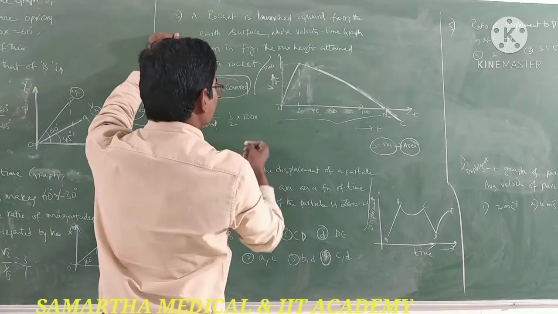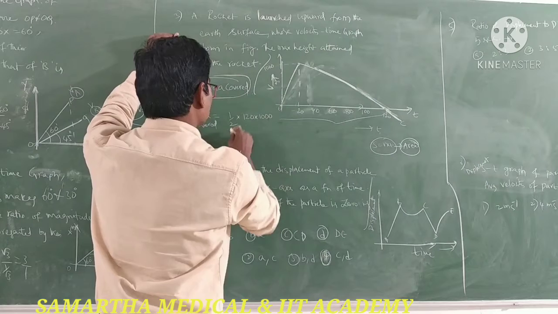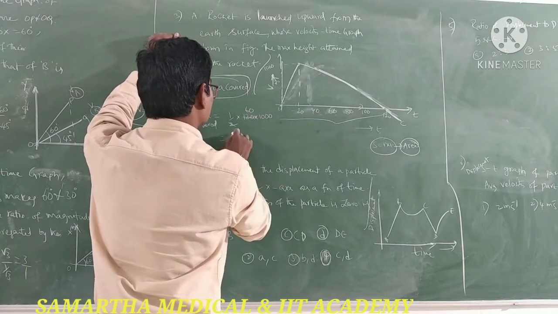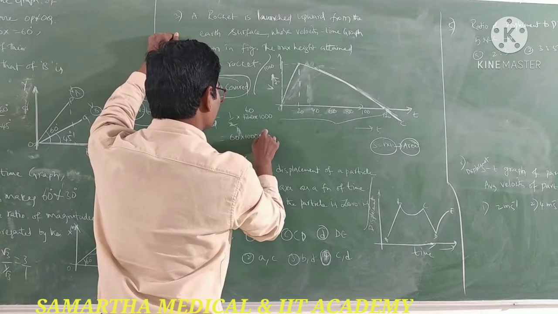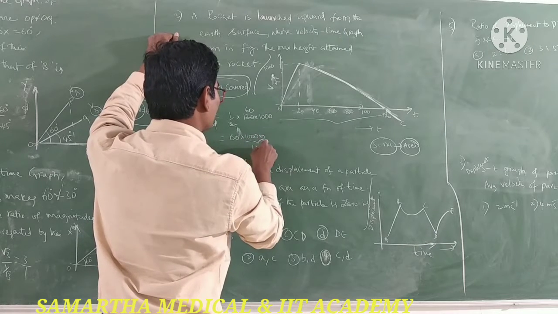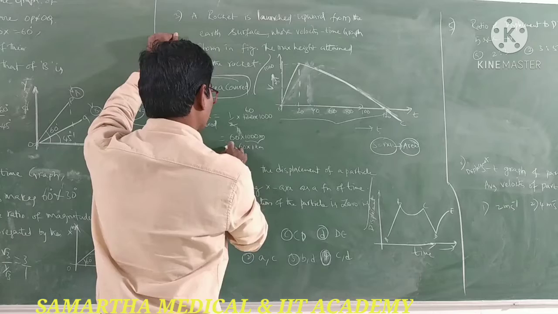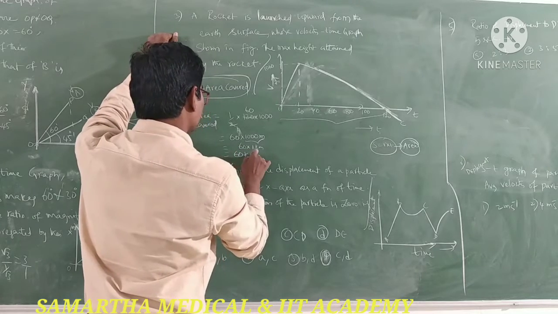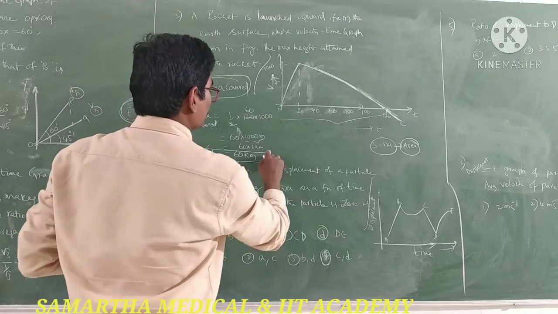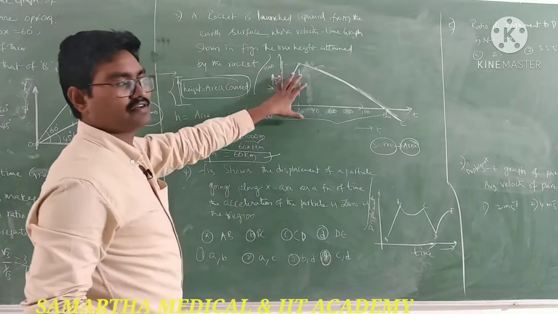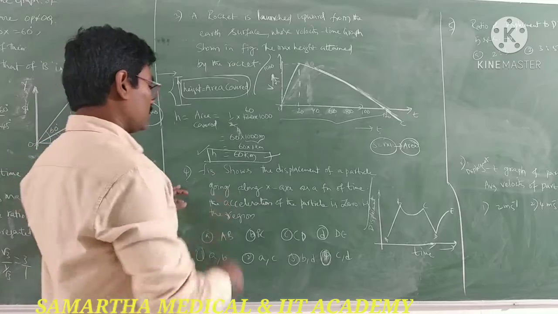Up to 1000 meters per second. So half of 120 is 60, into 1000 meters. 1000 meters is nothing but 1 kilometer. So 60 into 1 kilometer is 60 kilometers. That is the height reached by the rocket. So the rocket reaches a height of 60 kilometers. That is the answer for this curve. Next, go to another question.